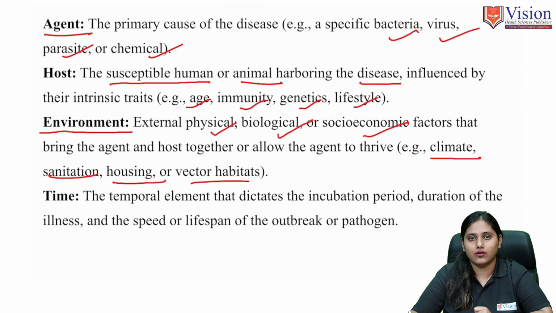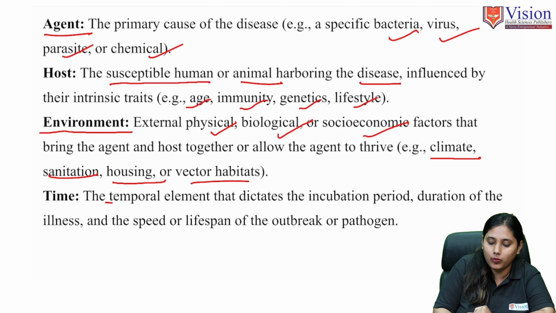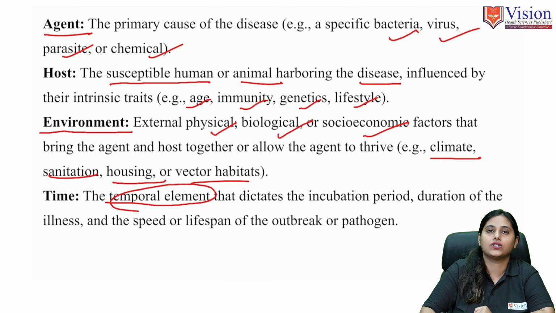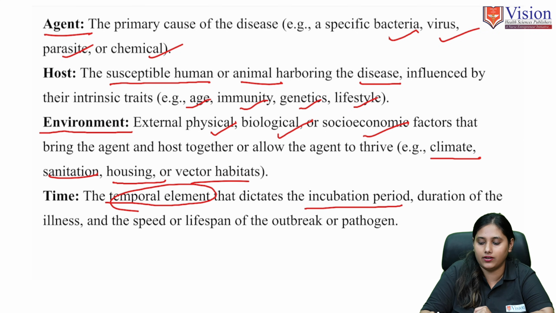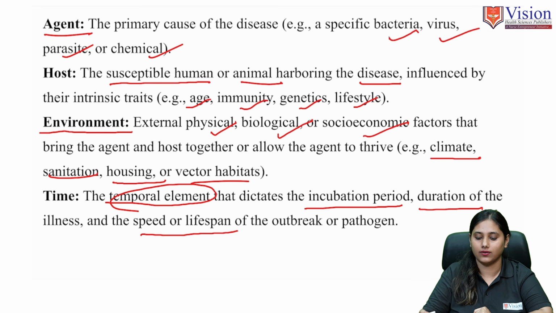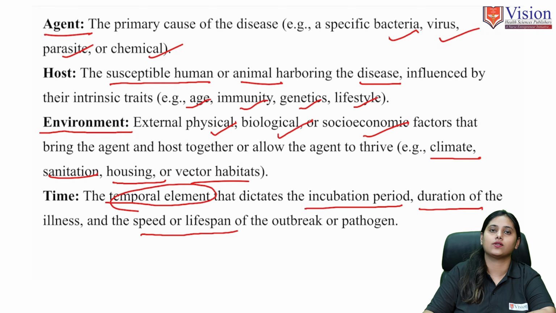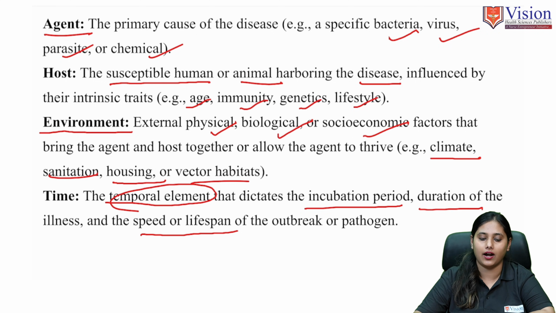And the fourth component, according to the epidemiological tetrad, is the time. It is the temporal element which describes the incubation period, the duration of the illness, and the speed and lifespan of the outbreak or pathogen. So these are the four components of the epidemiological tetrad.